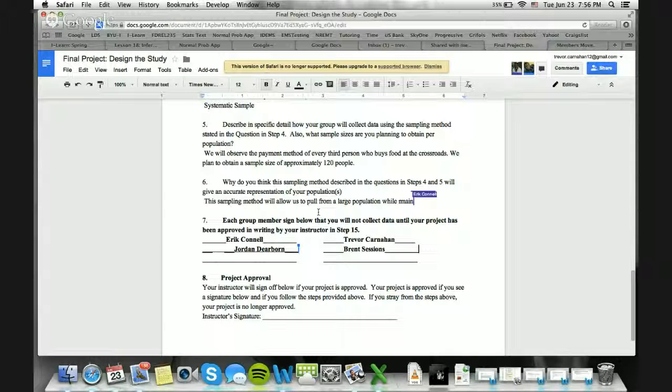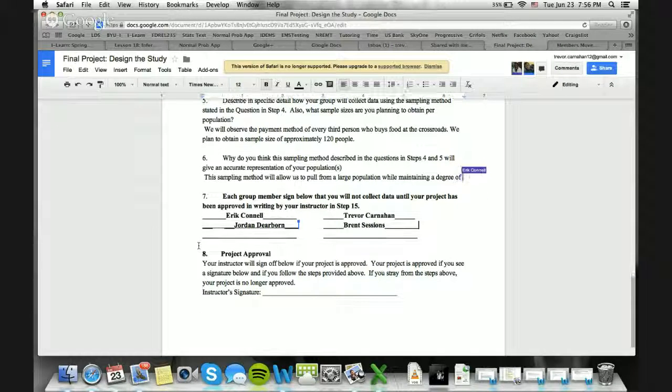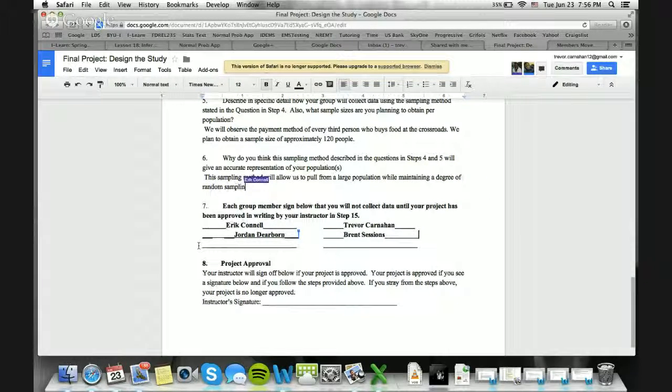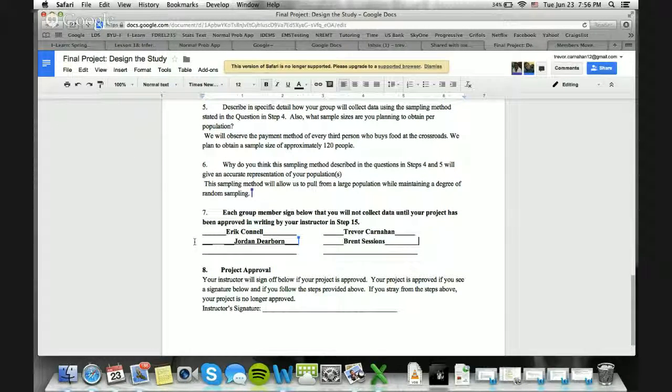Maybe another good thing to do is collect at different times of the day. That would make it more random, and that way we hit different populations, because maybe older faculty members go to eat at the Crossroads in the morning, or other factors play into it.